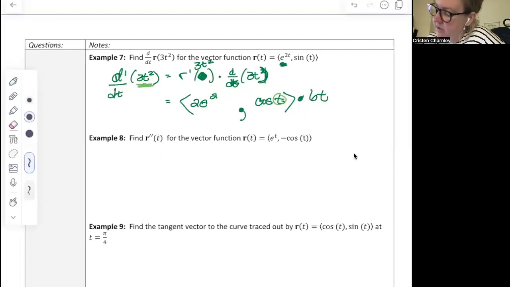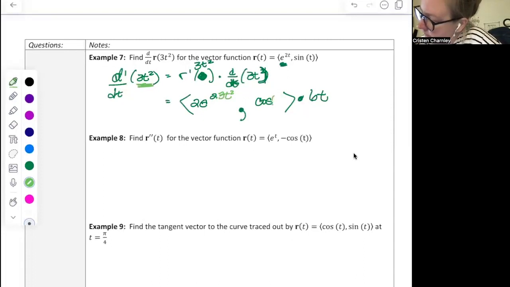So this is going to be 3t². And this t over here is going to be 3t². Okay, that looks better. So let's keep going. This is going to be 2e to the 6t². And this is going to be cosine of 3t².